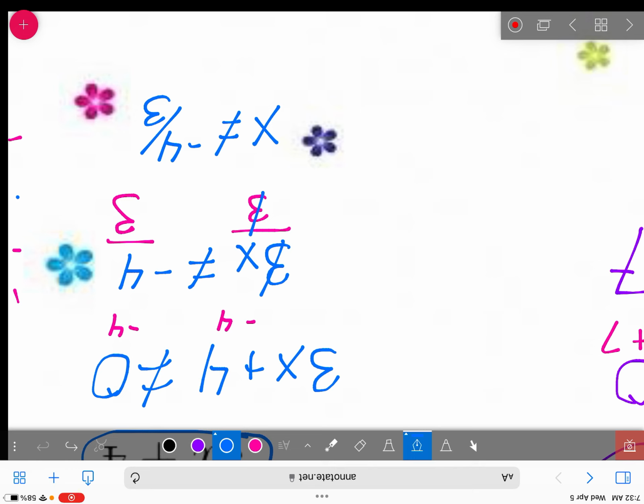Excluded values will come up every now and then. Looking at the denominator will come up pretty much daily, but the phrase excluded value is going to come up more next week than this week.